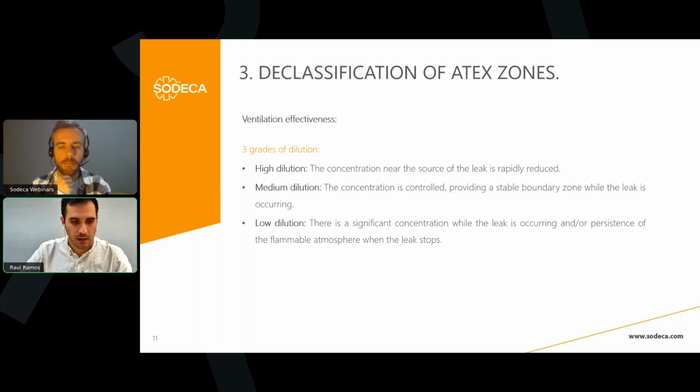It means that even if maybe we are over the lower limit, this concentration is controlled so as not to increase the risk. And then we have the low dilution, where we have a significant concentration where the leak is occurring, and this concentration persists even when the leak stops.